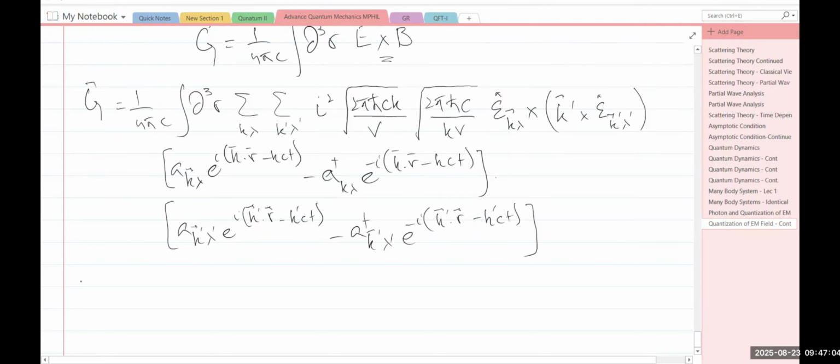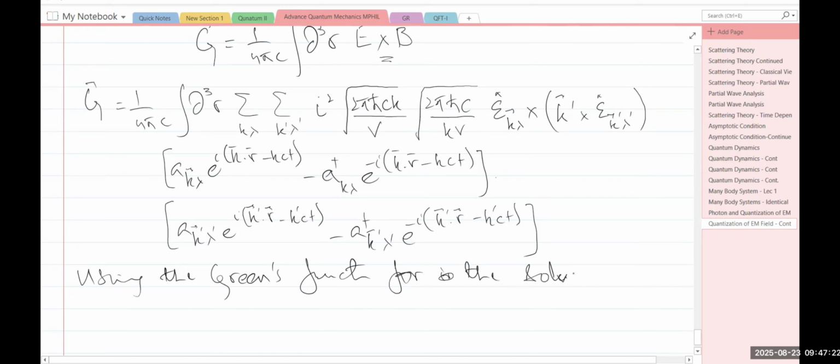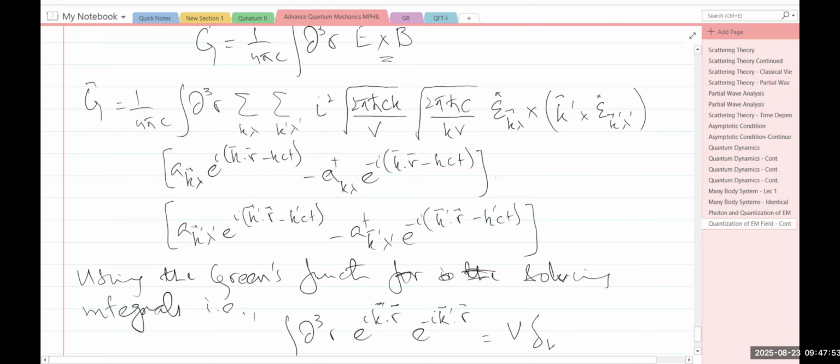So using the Green's function for solving integrals, i.e. the integral d³r e^{ik·r} times e^{−ik'·r} would be equal to the total volume times the delta function δ_{kk'}.